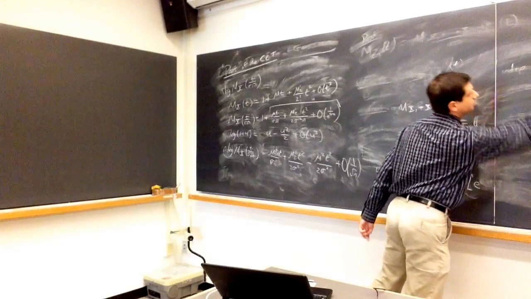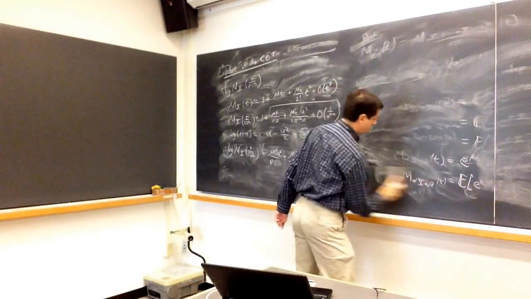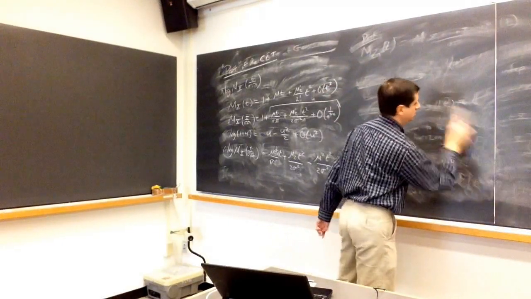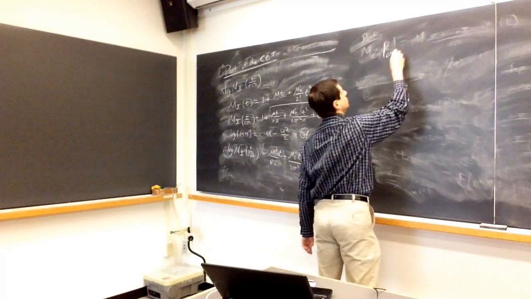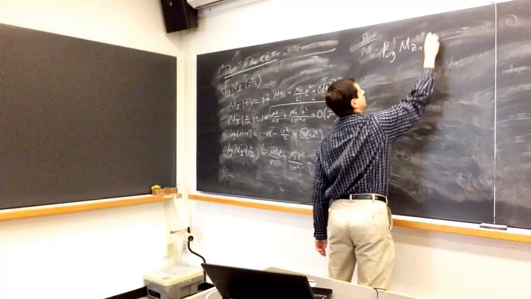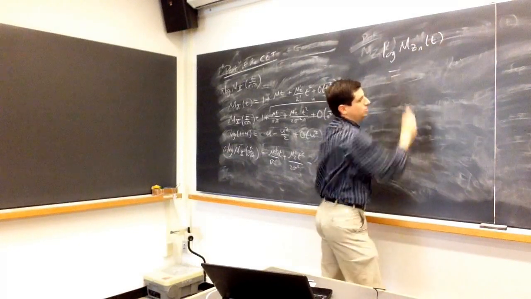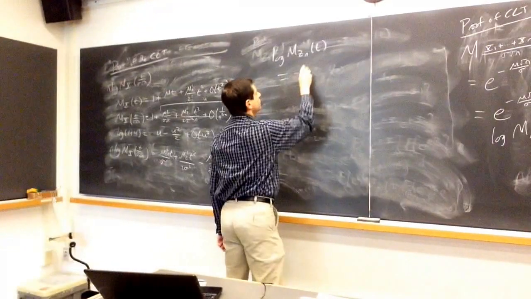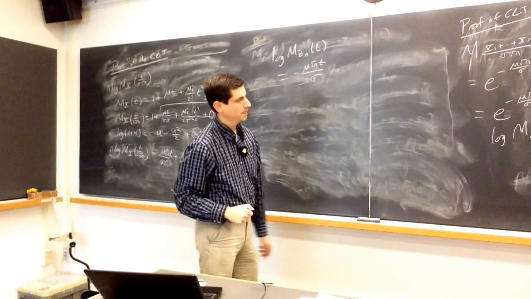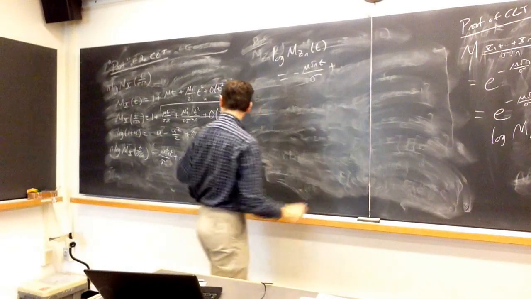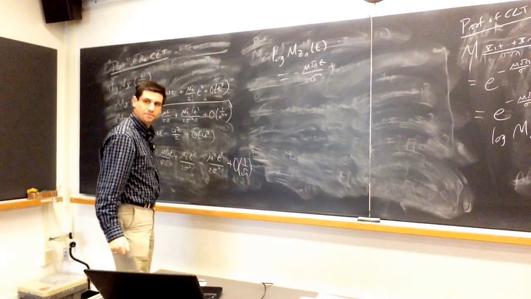We are almost done. We will definitely finish today. So now we get the log of mzn of t. So we had the negative mu square root of n t over sigma. Now we have to add in the n log m.